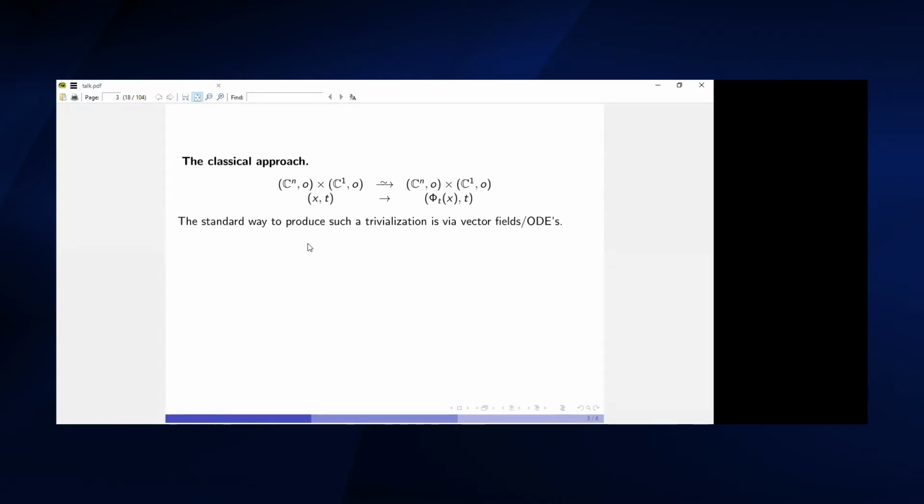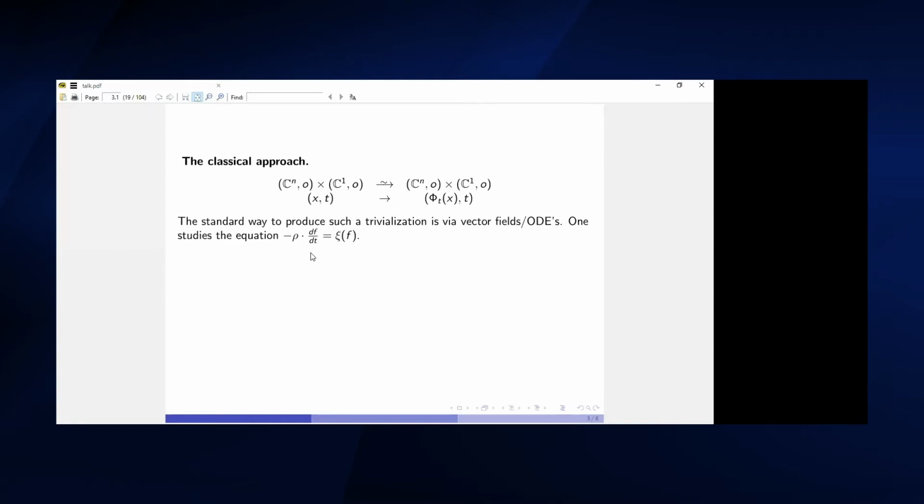Well, so let me recall the classical approach to construct the topological trivialization. So once again, we need this homeomorphism, and especially this φt of x. And the standard way to produce such a trivialization is by vector fields and ordinary differential equations. So one begins with this equation.